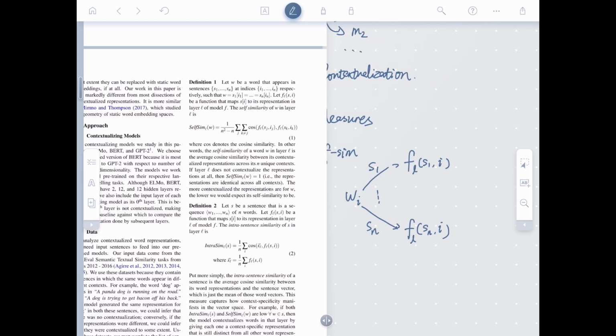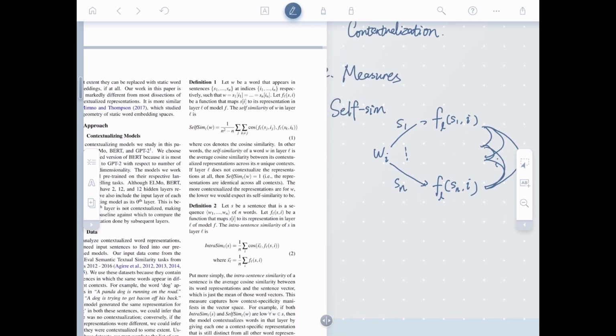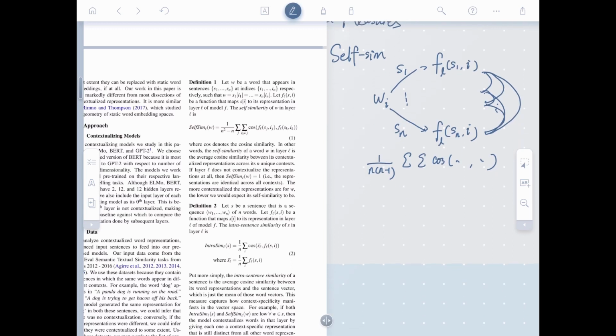You take the average cosine similarity of these pairs, and also these two and this, to get n times n minus 1 pairs of the cosine similarities. So you take the average of these cosine similarity pairs to get the self-similarity metric.